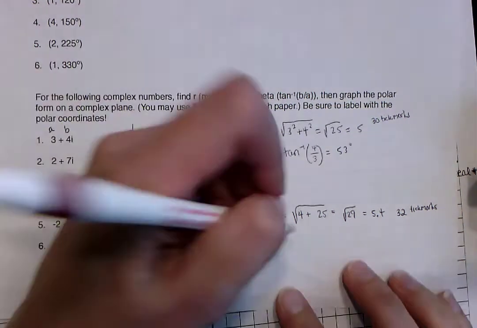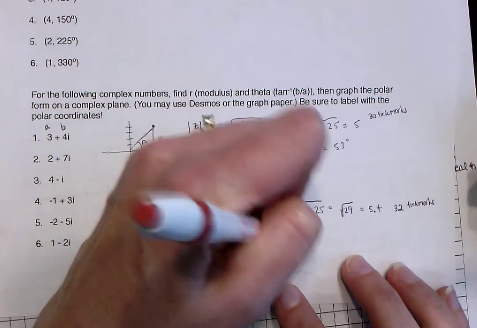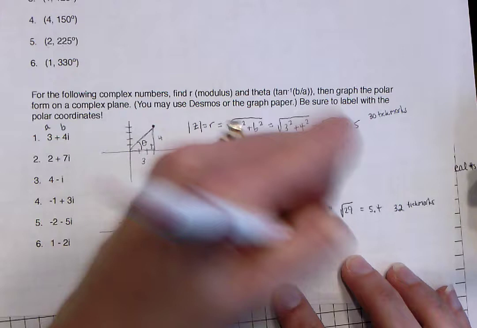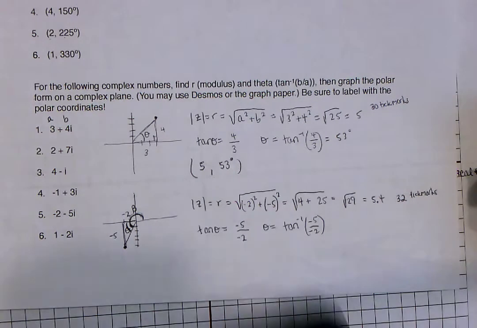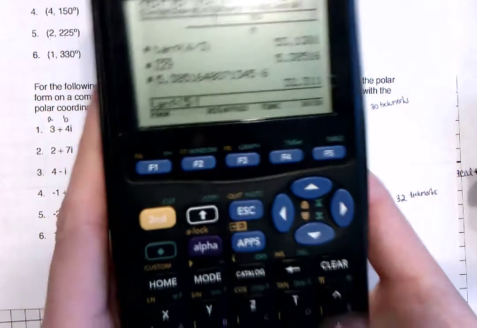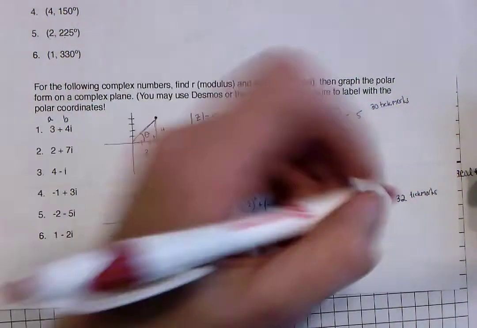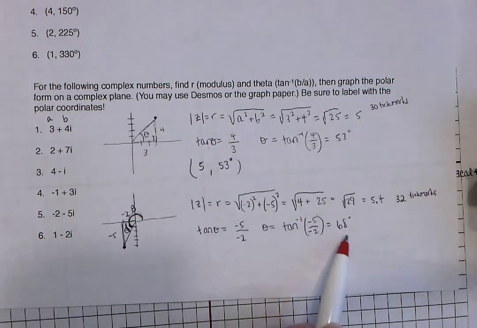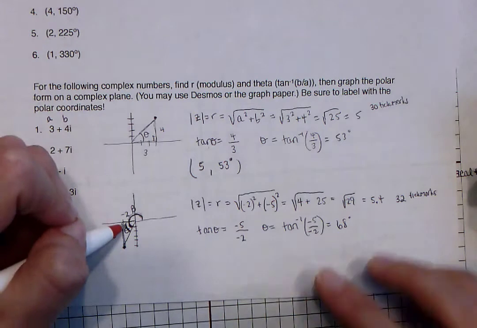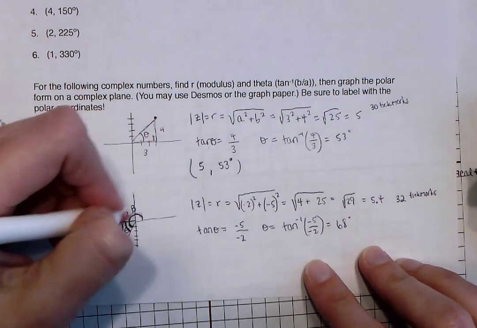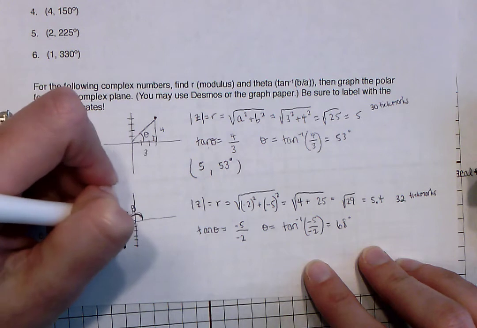And again, what you have to do is take the inverse tangent of that ratio, -5 over -2, which really is just 5 over 2. So I'm just going to do the inverse tangent of 5 over 2. I get 68 degrees approximately. Now remember, that's not our final answer because it's just saying right here that this right here is 68 degrees. But I know that beta is 180 degrees plus that.